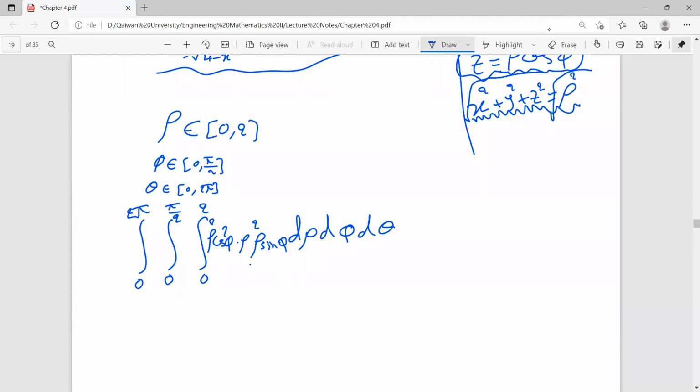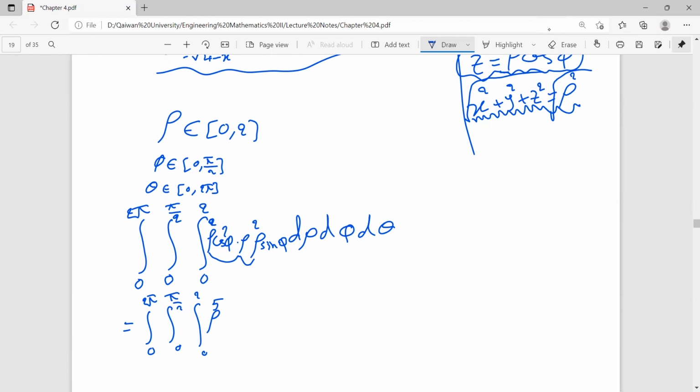We now write it down again and simplify. It equals the integration from 0 to 2 pi, the integration from 0 to pi over 2, and the integration from 0 to 2. For rho squared, here we have rho squared times rho squared times rho, which is rho to the power 5.